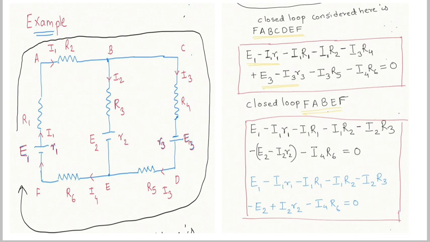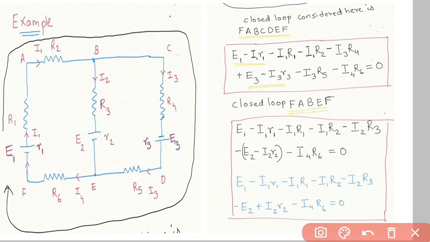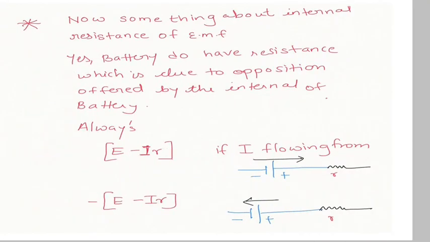So my starting point is this F, and I am going in this direction. Here the first terminal of EMF E1 is positive, so which equation will be used? It is this equation, E minus Ir.